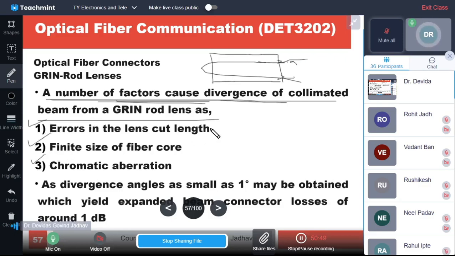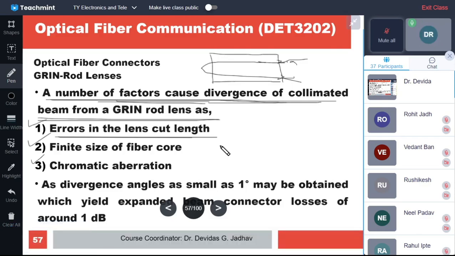Even though it is giving output as a collimated beam, there is a slight divergence of the collimated beam from the green rod lenses, and this is due to these factors: errors in the lens cut length, that is, manufacturing tolerance, where a very slight change in the dimension may be there.